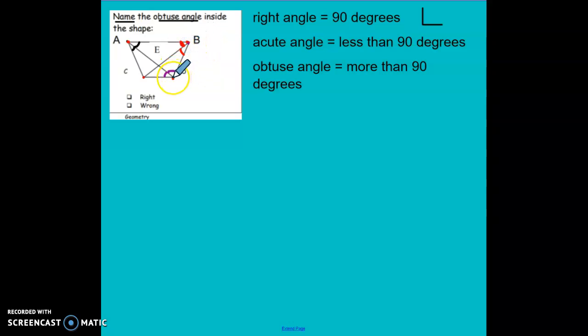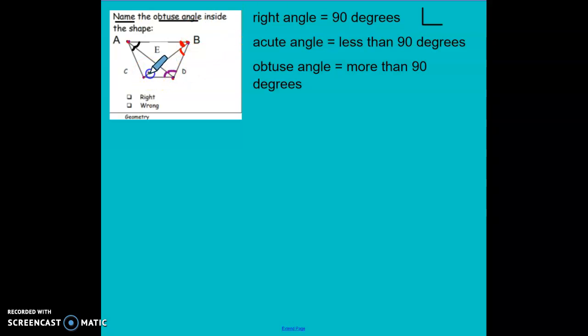So BDA is not an obtuse angle. In fact, it looks like it is an acute angle. Well, it is because it's smaller than 90. And what about this one? So it's CDA. This angle is also an acute angle because it's less than a right angle.